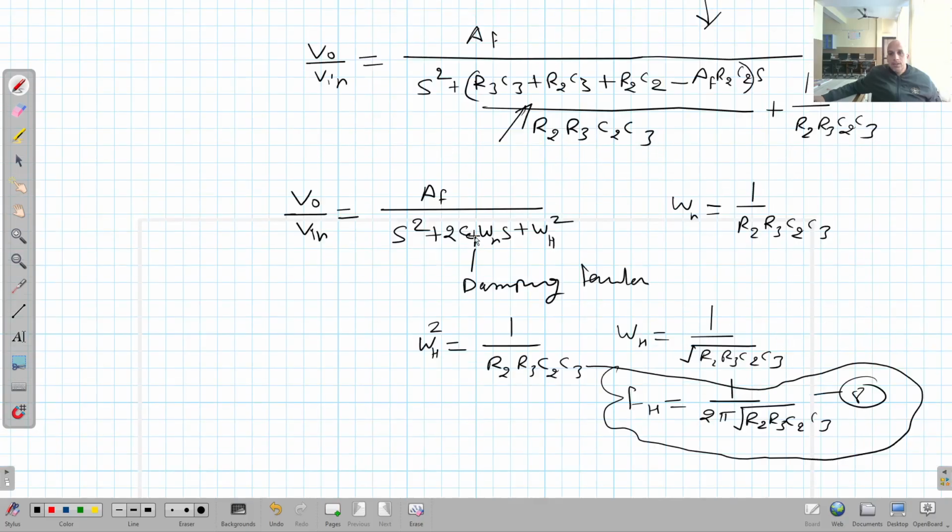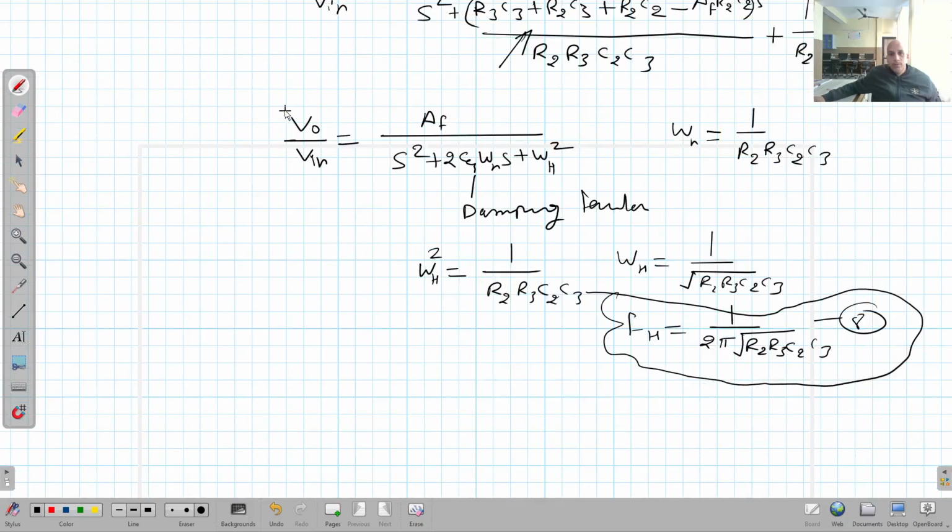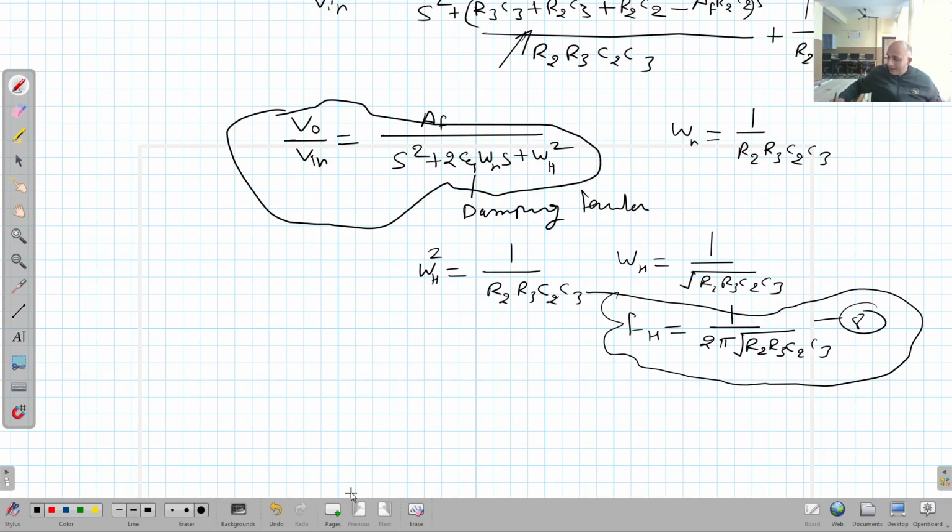And this expression V output upon V input, this is the transfer function. Clear? V output upon V input is equal to, once again I am writing it, AF upon S square plus 2 zeta omega n S plus omega h square.